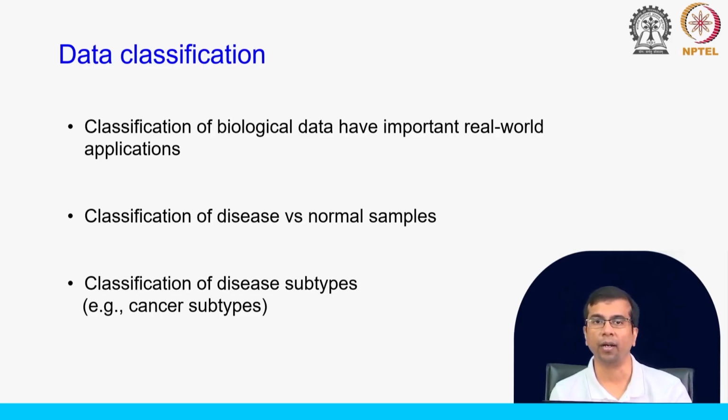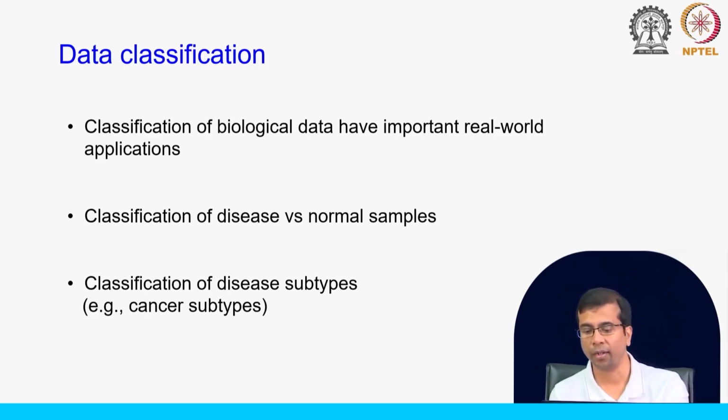So this kind of data classification will have a lot of applications in the real world. These are very simple examples, but you can think of many diseases, many types of data, and many kinds of applications, not just disease samples but other applications as well.